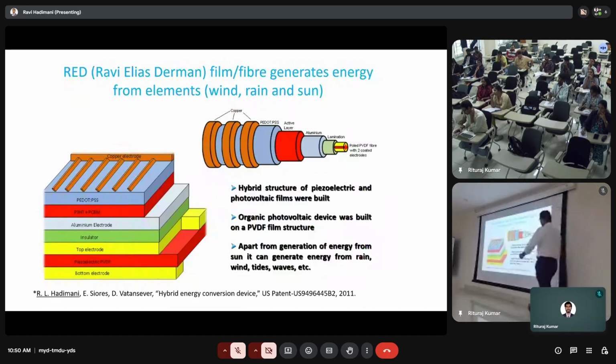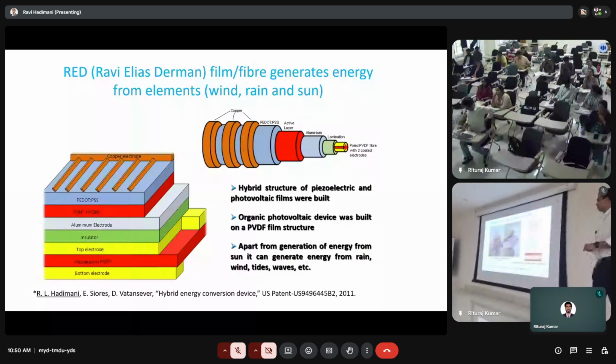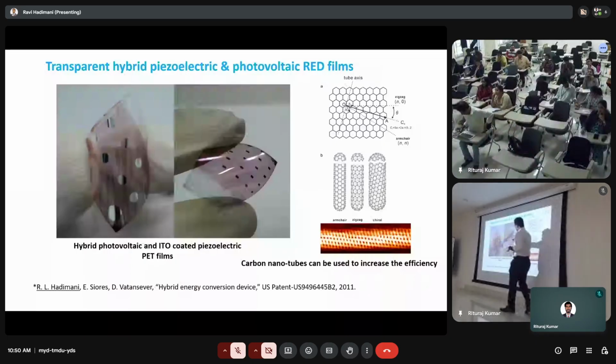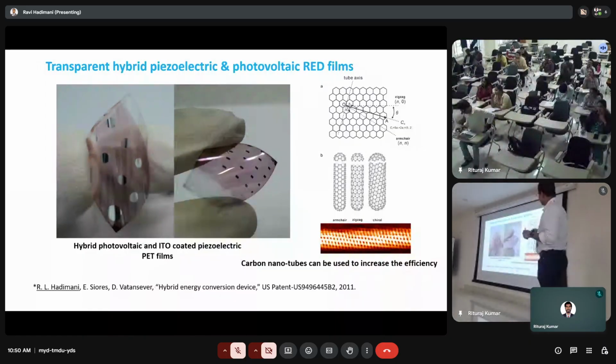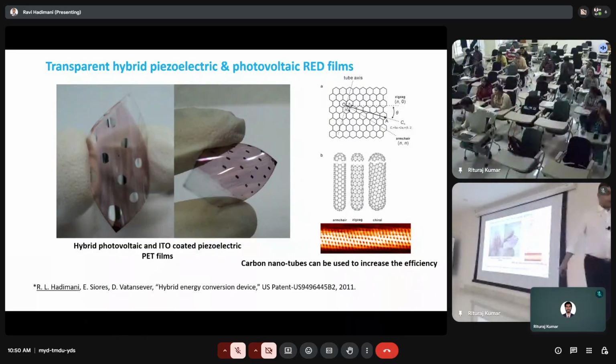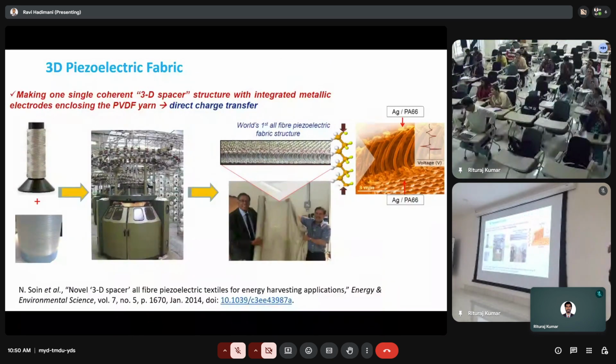The comb structure electrodes are like this, but the dot structures give you more space for sunlight to come in. And this was also red in color. When you coat that color, it becomes red. And so this is the hybrid photovoltaic and piezoelectric device that can generate electricity.